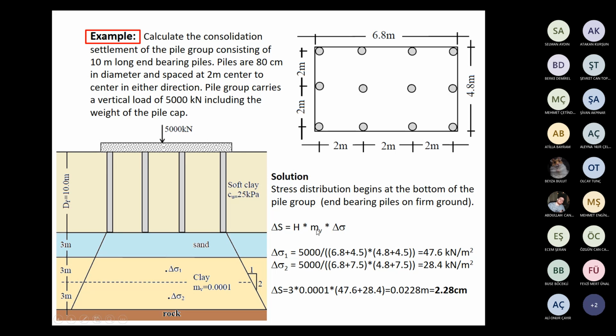For this equation, we have MV, but we need the compressible layer thickness. Compressible layer thickness is shown here, 6 meters, and the midpoint is located at 3 meters above rock. So H is taken as 6 meters. We have to calculate delta sigma.